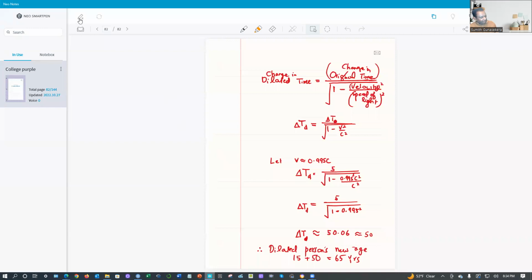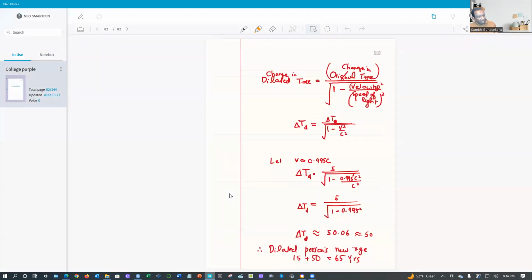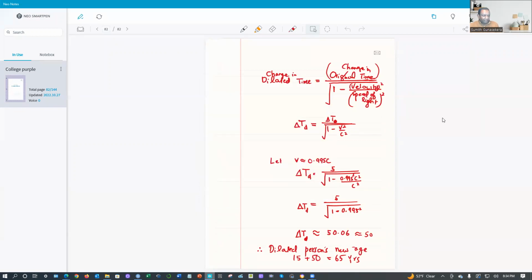Close and connect. Okay, no, not this one. Okay, I did some calculation for the relative speed. Okay, not this one. Okay, then let's see.